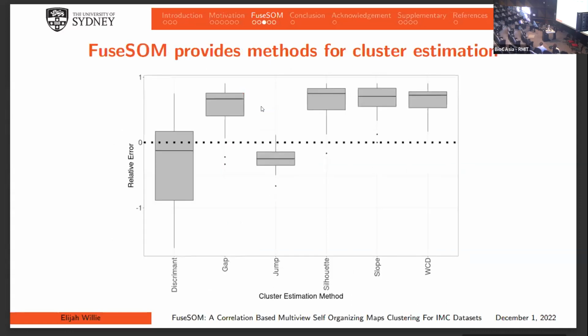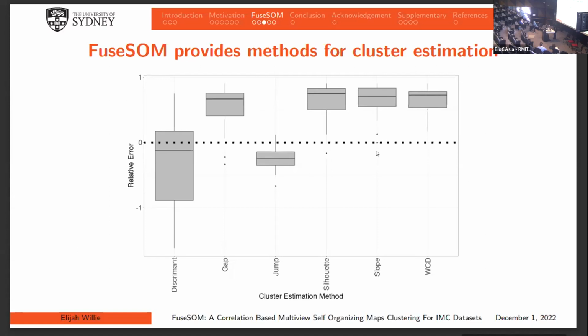The next step was to extend FuseSOM further, because when you cluster data, you need to have an idea of how many clusters you have, and that's more of an art than a science. So we implemented some well-known methods for cluster estimation. This here is a relative error, which gives you the difference between your predicted number of clusters and the true number of clusters.